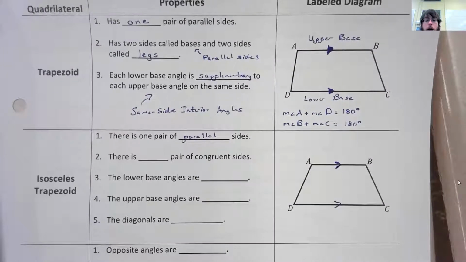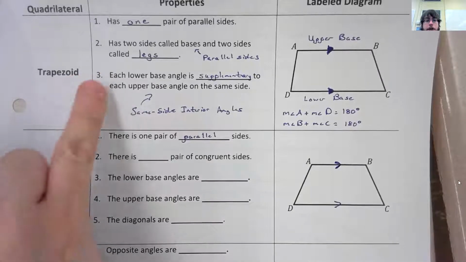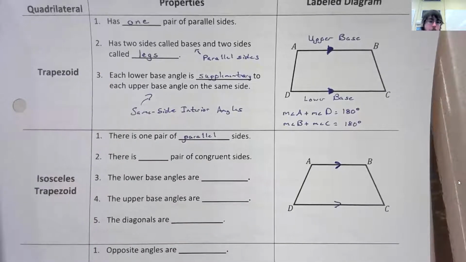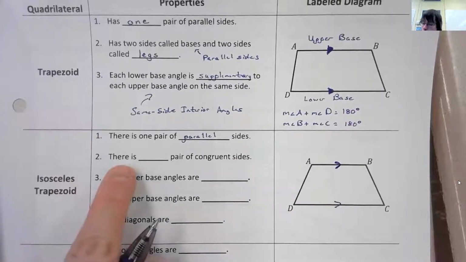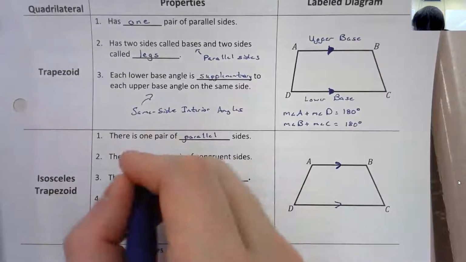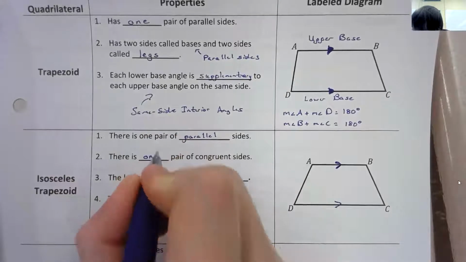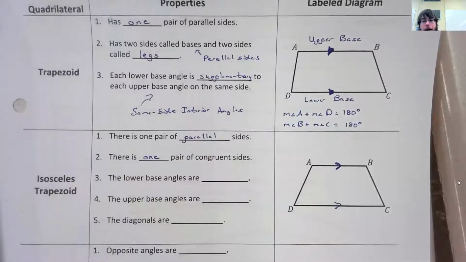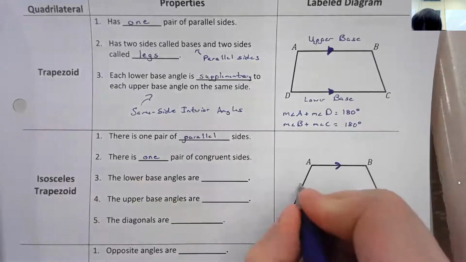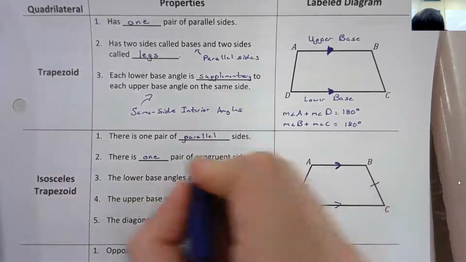All right. Now, how this type of trapezoid differs from a regular trapezoid, like a general case trapezoid, is that there is one pair of congruent sides. And this pair of congruent sides are the legs. So the legs are congruent.